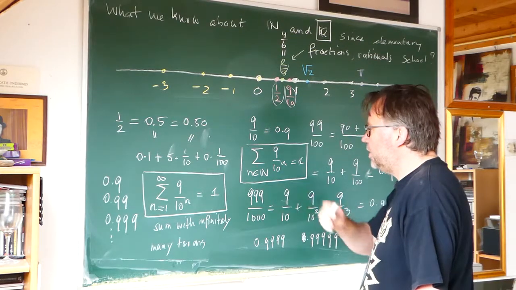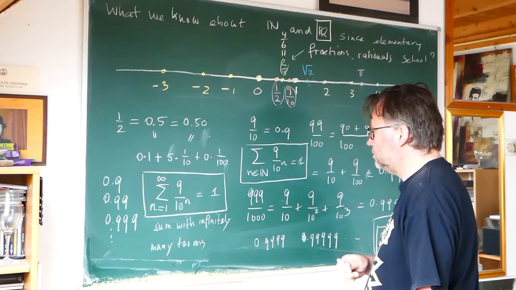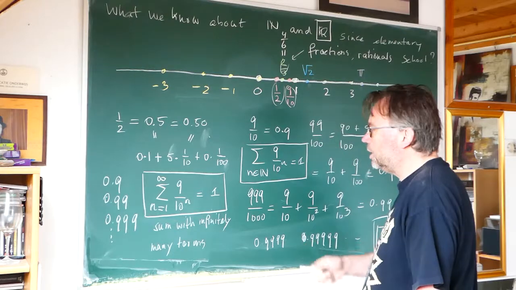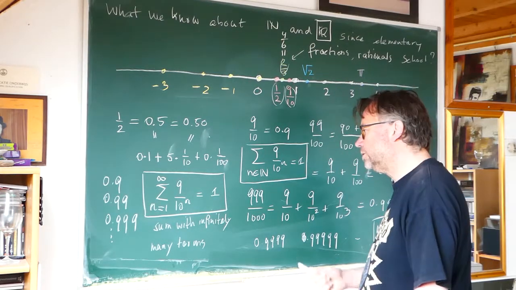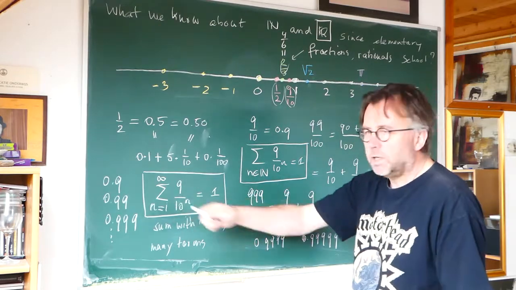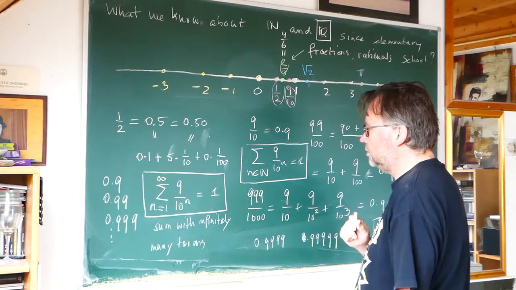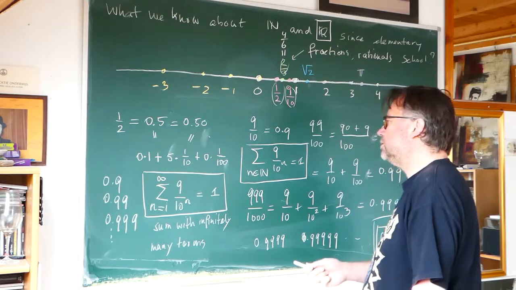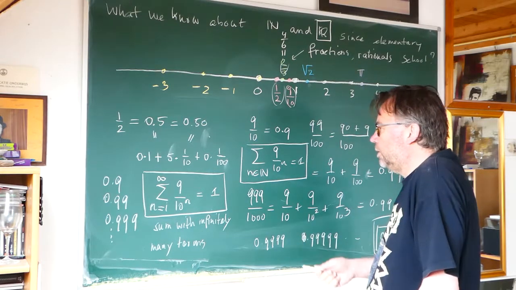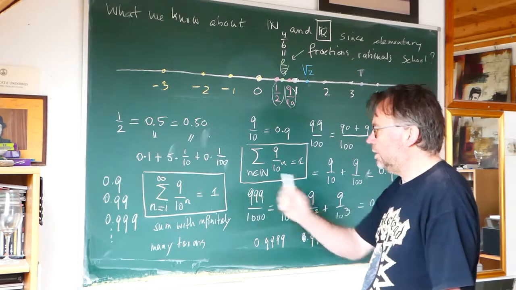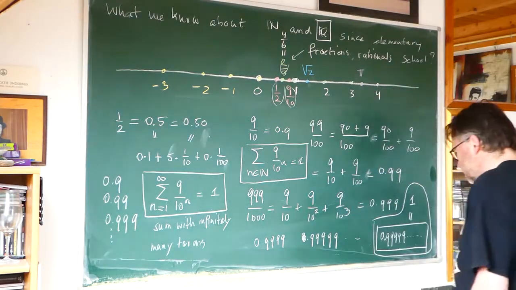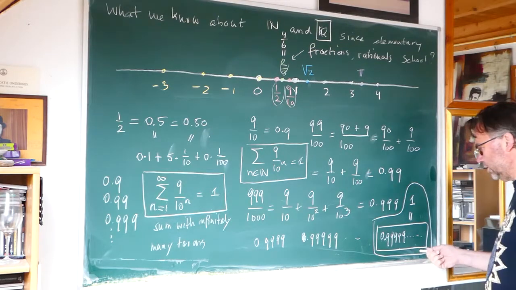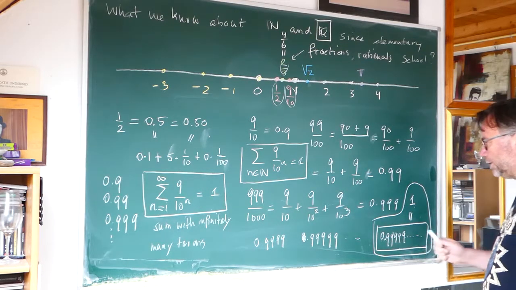We just take every n in the natural numbers, we compute 9 over 10 to the n, and we add all that. Okay, that's a slightly different perspective than what I explained here. Okay, so in mathematics it's clear that we want to have statements of this kind. Okay, but these are just reformulations of what we've written here. That 1 is 0.9999.